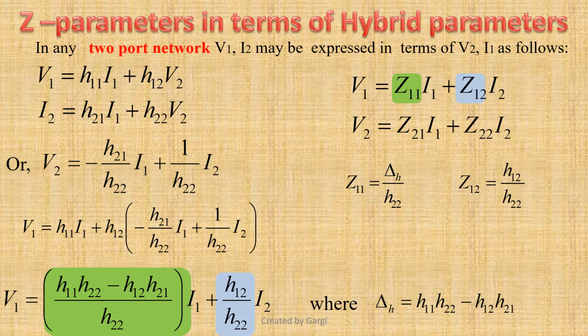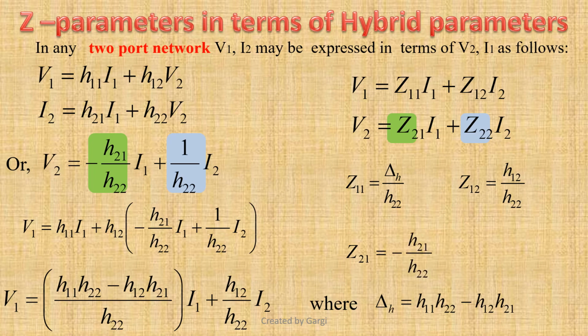Now comparing the expressions of V2, we get Z21 equals minus H21 by H22 and Z22 equals 1 upon H22. Now we have obtained the Z parameters in terms of hybrid parameters.